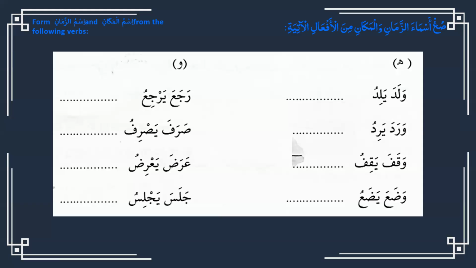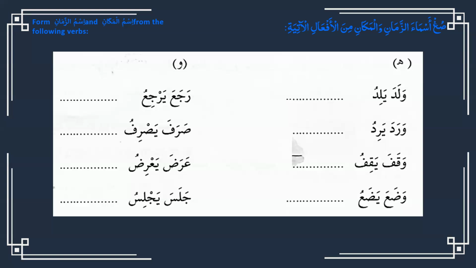Raja yarji'u is to return, and marji' will be the place to return. Place of return. Yeah. Sarafa yasrifu, I think masrif is the bank, but sarafa yasrifu is, I don't know how to. Masrif is the bank. Bank, yeah. And arada yaridu is like to display, and morid will be the place where something can be displayed, like an exhibition place or something.